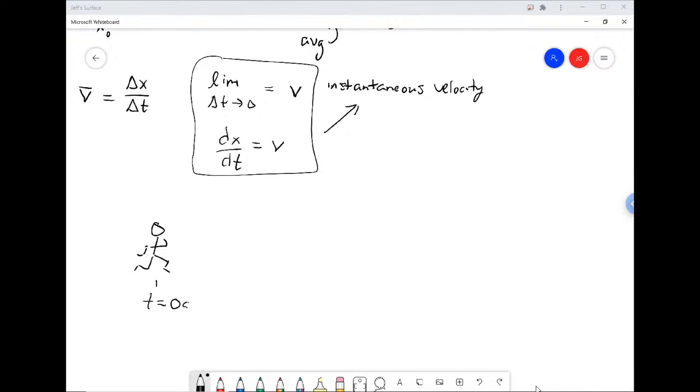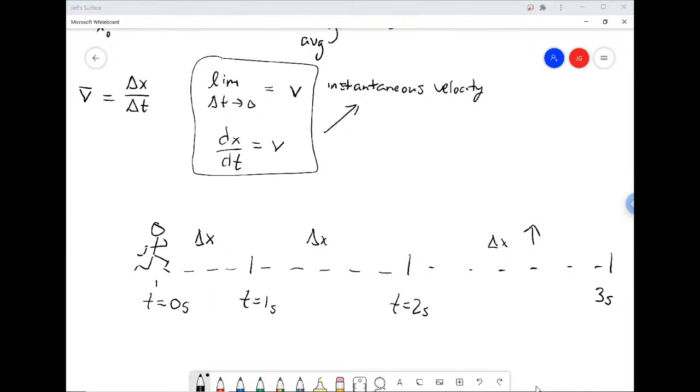Maybe if I just slow down a little. Then 1 second later, so t equals 1 second, this is where he is. After 2 seconds, this is where he is. And after 3 seconds, this is where he is. So what we have here is uniform intervals of time, but delta x during each interval is getting bigger and bigger.